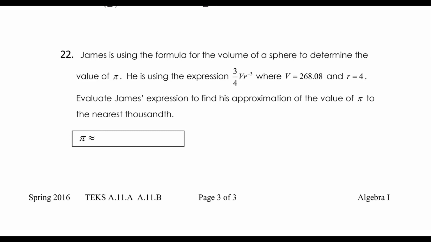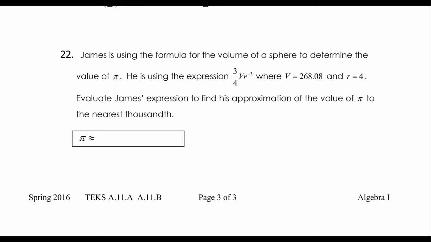Alright, so James is using the formula for the volume of a sphere to determine the value of pi. He is using the expression 3/4 of VR raised to the negative third, where V equals 268.08 and R equals 4.